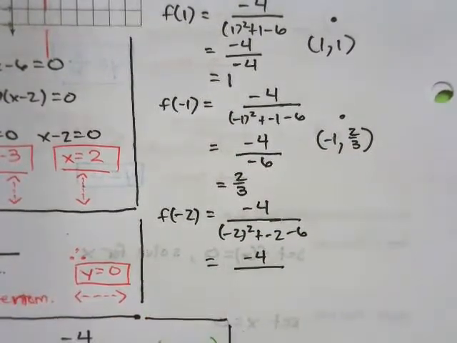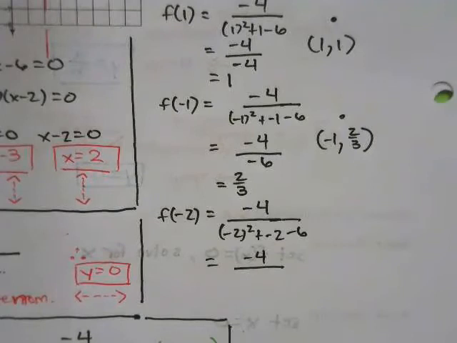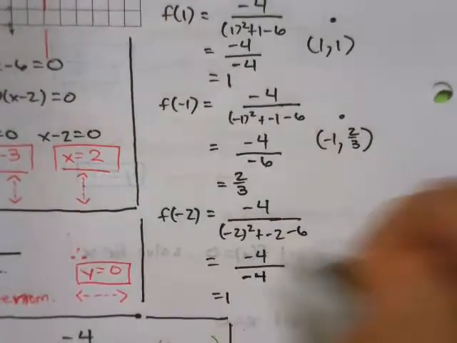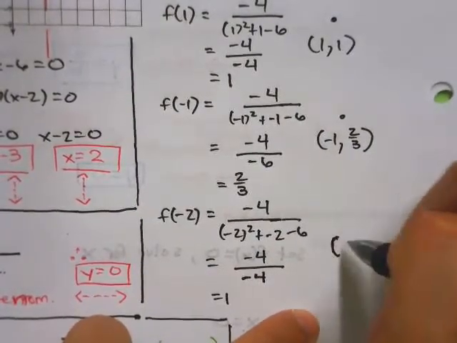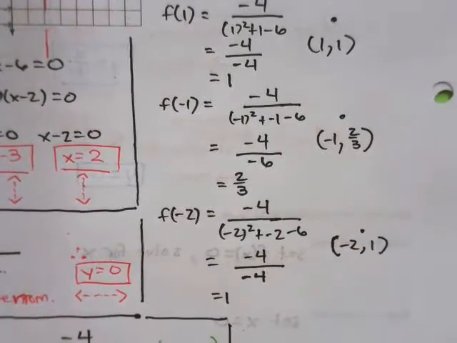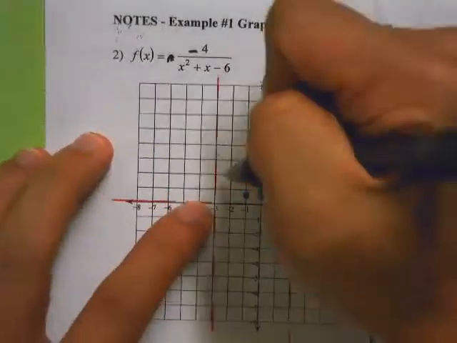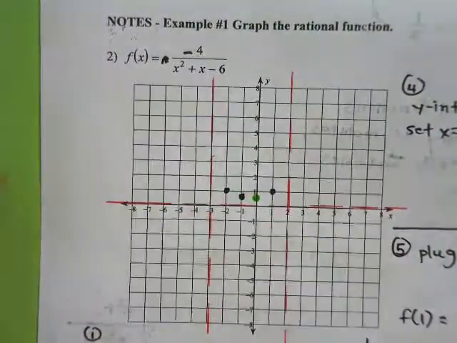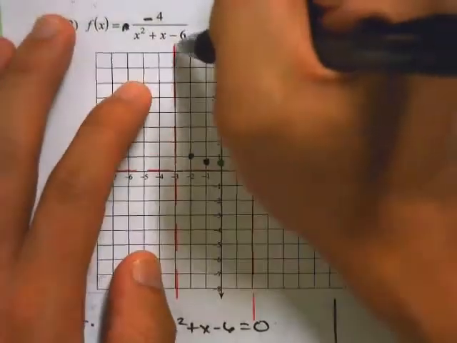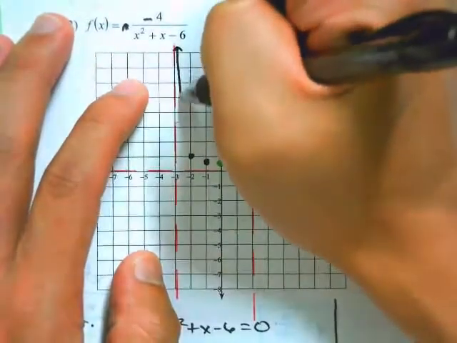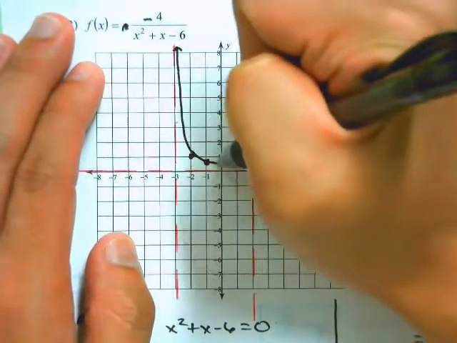Negative 2 times negative 2 is 4. 4 minus 2 is 2. 2 minus 6 is negative 4. So this is the point (negative 2, 1). That's nice. Now we know that it's not going to break the horizontal asymptote, so I can make my curve over here like this.